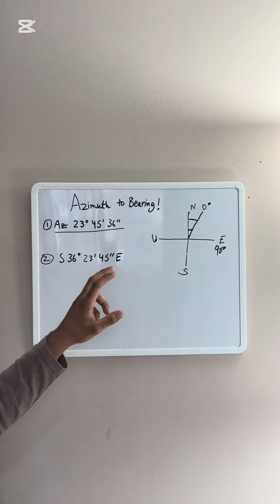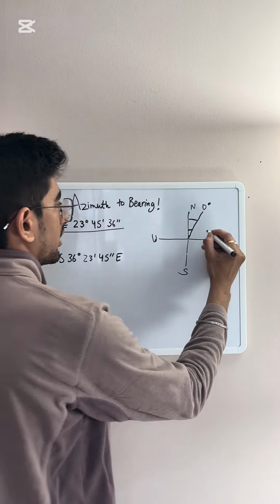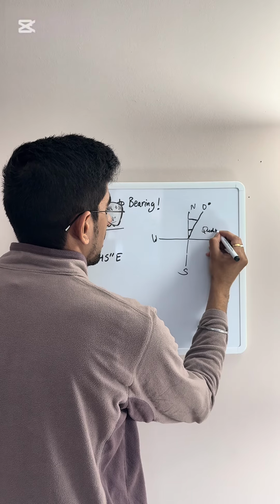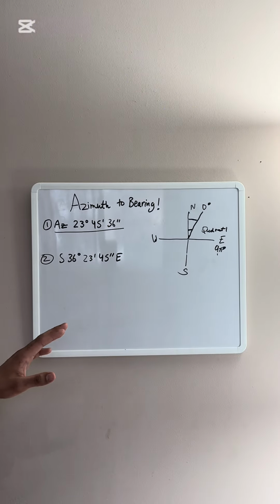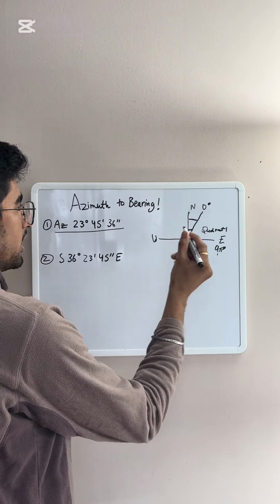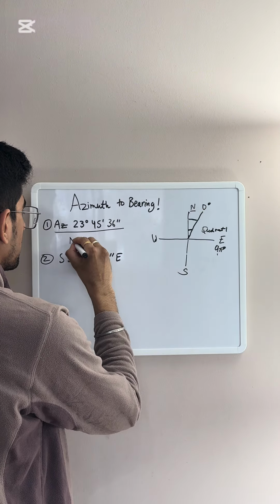When it's in the first quadrant, like this is quadrant 1, we just need to put the letters and that's it. This is north, so north.